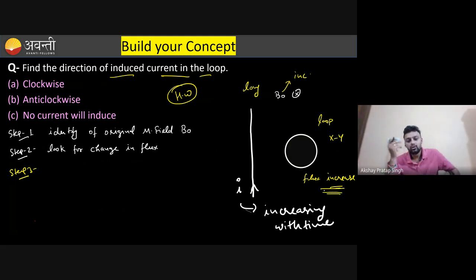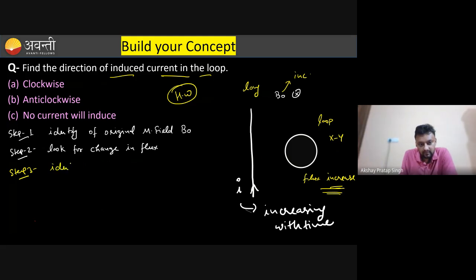What you can do is induce some other magnetic field which is opposite to that, because you want to decrease the flux. So what should be the third step?